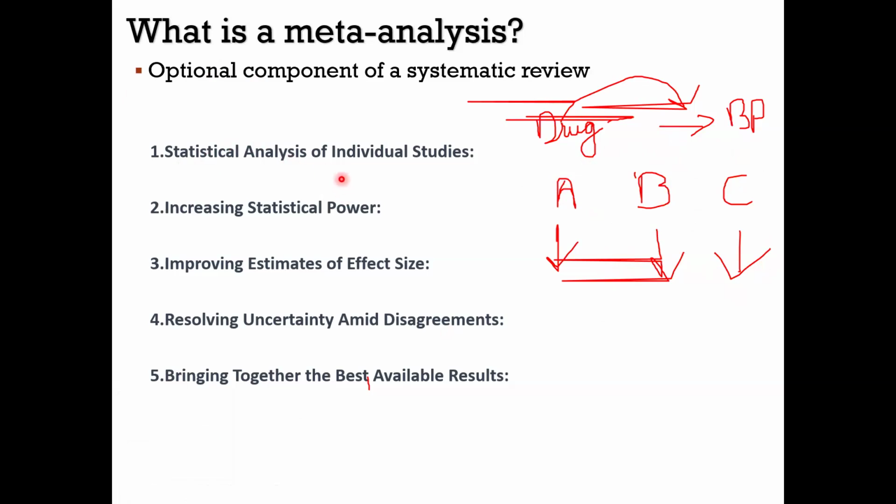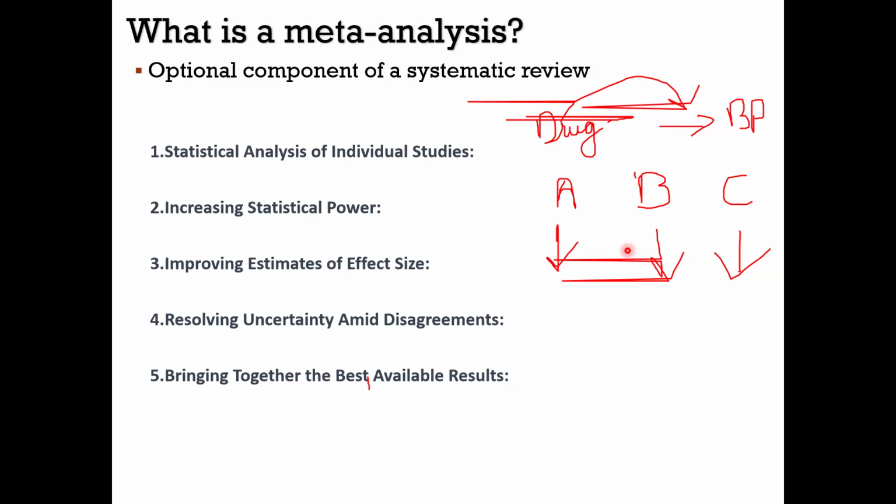It is a statistical analysis of the individual studies. It will analyze the studies and increase the statistical power. It will take all this and compile the data, and then tell whether this drug is really important.